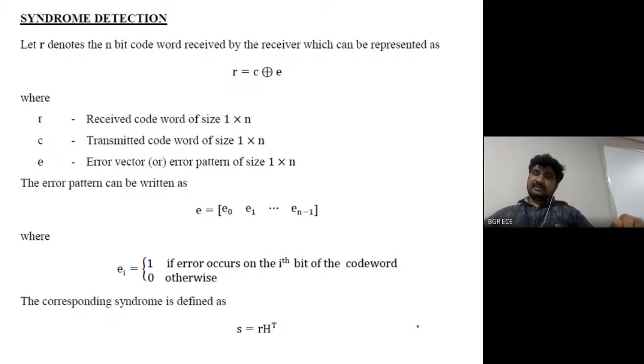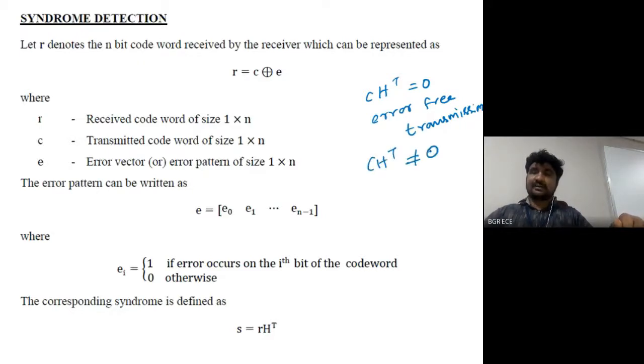If C into H transpose is equal to 0, then it determines error-free transmission. If C into H transpose is not equal to 0, then that condition is called the erroneous condition.